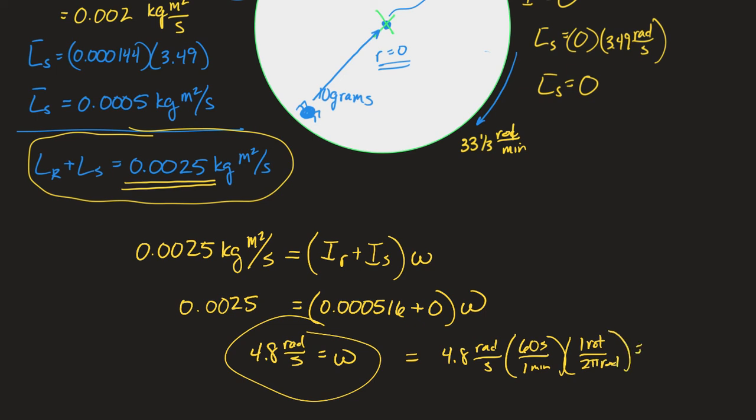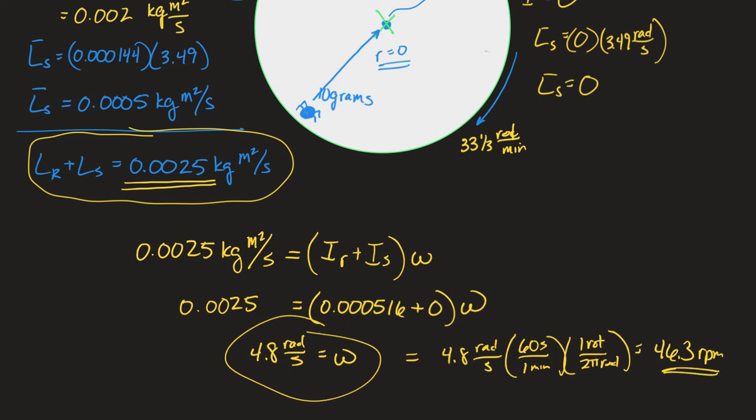I think it's easier to compare things like rotations per minute than radians per second. So let's do this comparison. Multiply by 60 and divide by 2 pi, and I get 46.3 RPM.